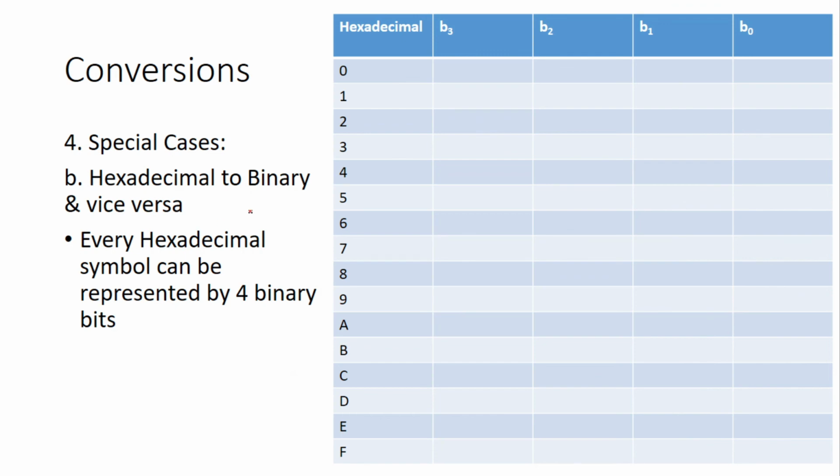Similarly, for hexadecimal to binary and vice versa, every hexadecimal digit can be represented by 4 binary bits. So how can we quickly write this?